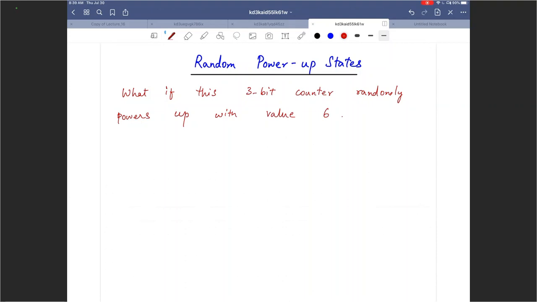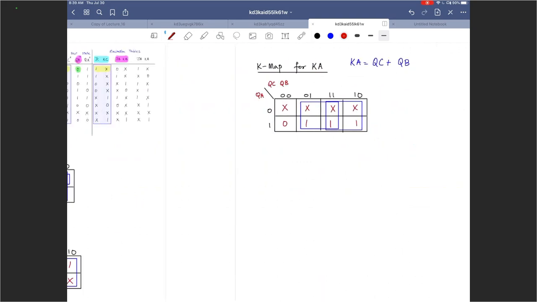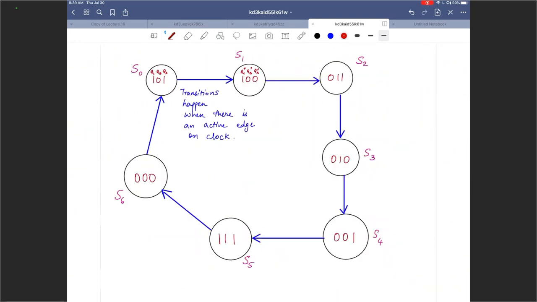I know that I actually skipped over this, so this is one of the skipped states. I actually didn't even use this. If it randomly powers up at 0, 1, 2, 3, 4, 5, 7, I know how it is going to run, because I know it's going to stay in this loop.